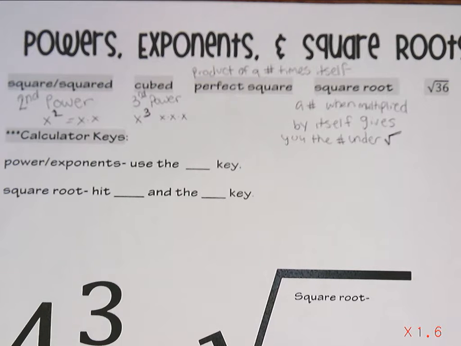And so a square root is a number multiplied by itself gives you the number under the square root sign.